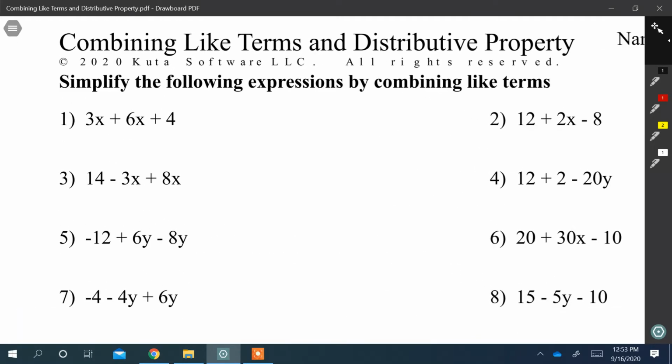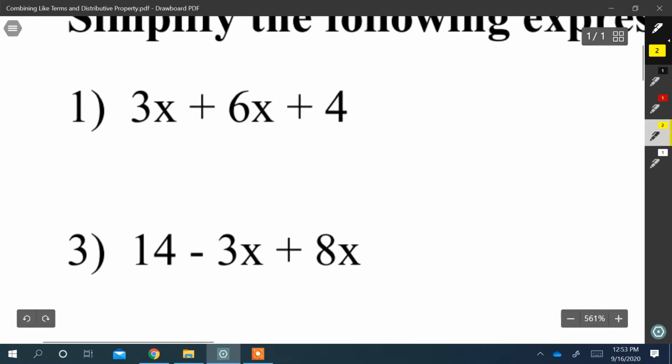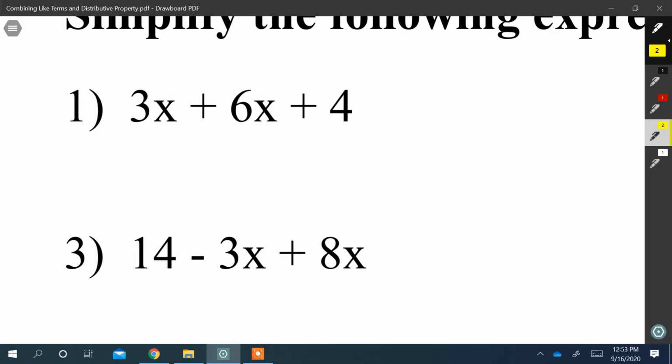You learned in the previous video how to combine like terms, and that is what we're going to be doing right now. So if we have 3x plus 6x plus 4, to combine like terms, we're going to be looking for those terms that look alike.